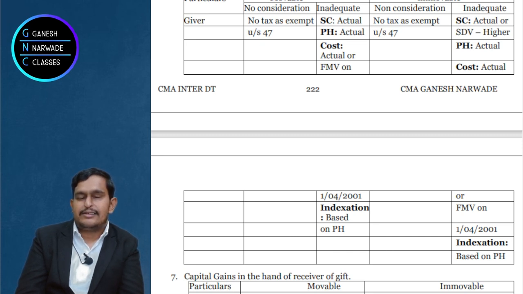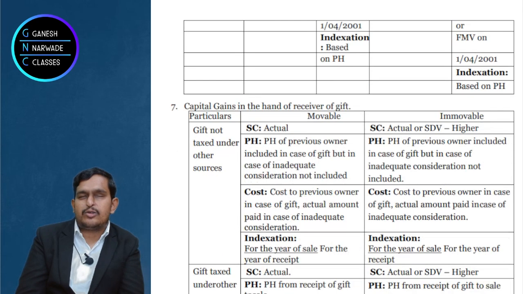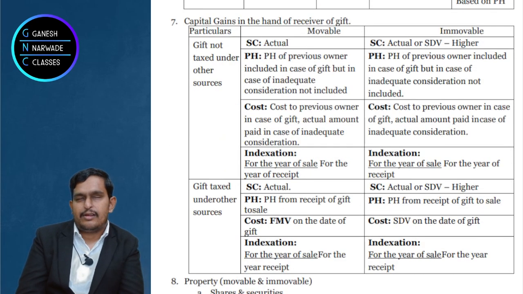Now, when the receiver received the gift, is it taxable to him under other sources? If it is taxed under other sources to the receiver, then there will be a different treatment. If it is not taxed under other sources to the receiver, then the treatment is different.